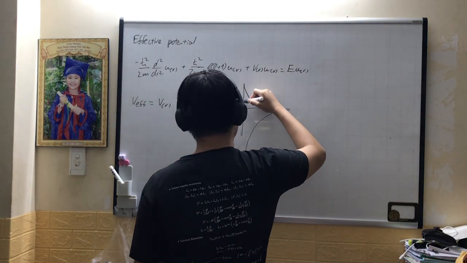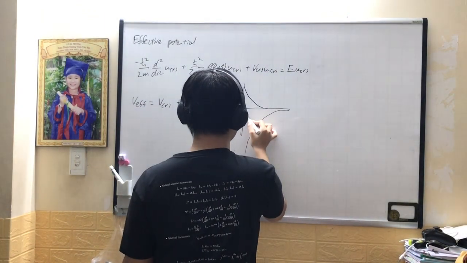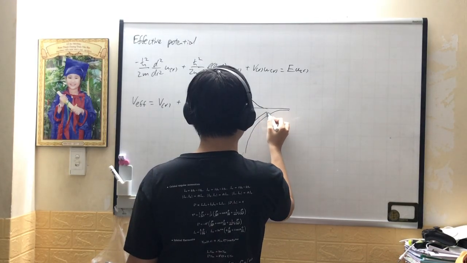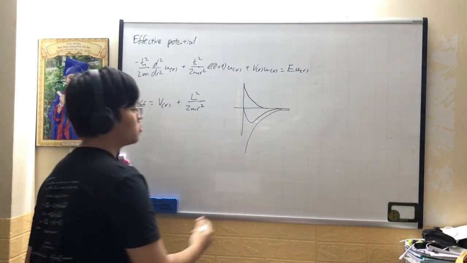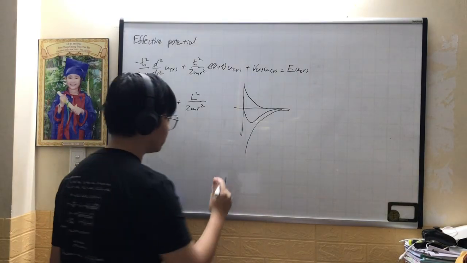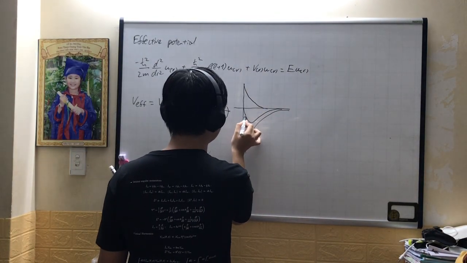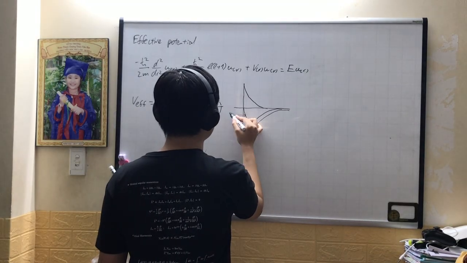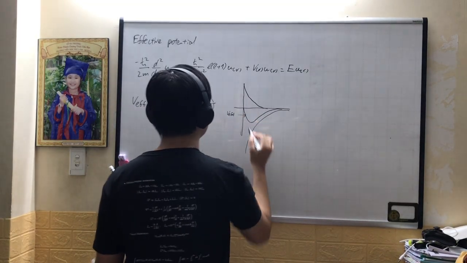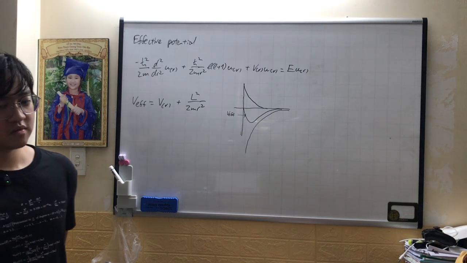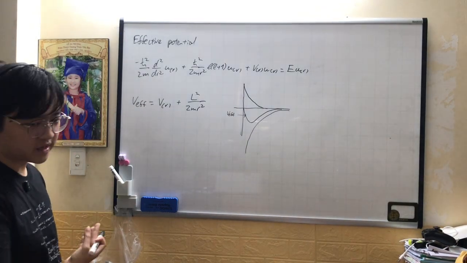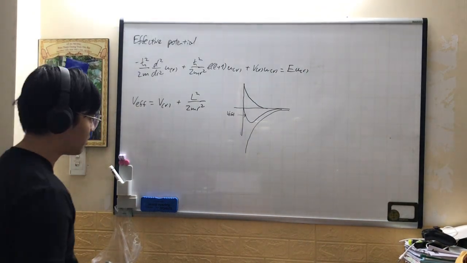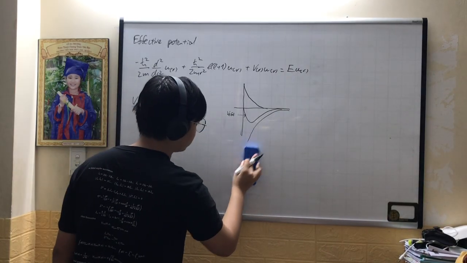That is going to be something like this. There we go. That would be your V effective. And now we're going to find out about the bound of it.